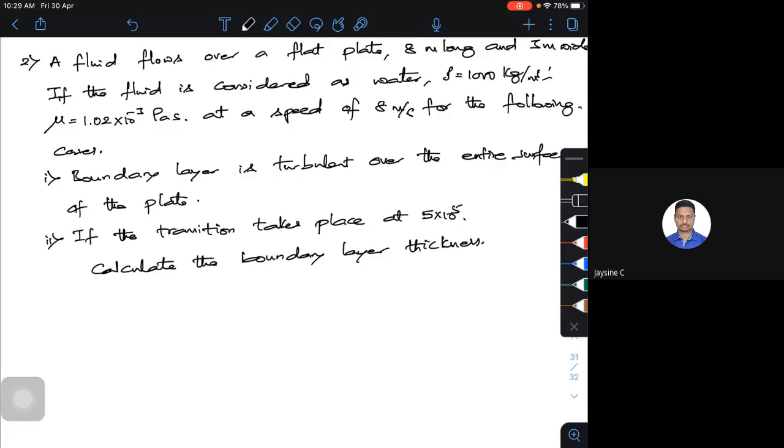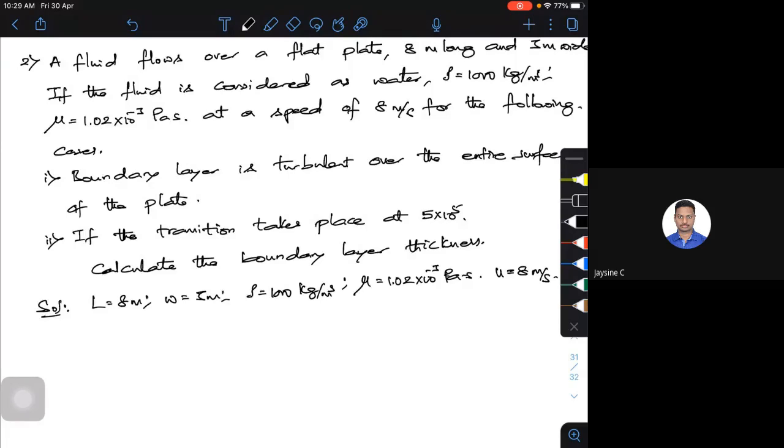They are given the length of the plate, which is 8 meters, and width 3 meters. The fluid is water with density 1000 kg per meter cube, mu is 1.02 × 10 to the power of minus 3 Pascal second, and U infinity is 8 meters per second. This is what they are given.